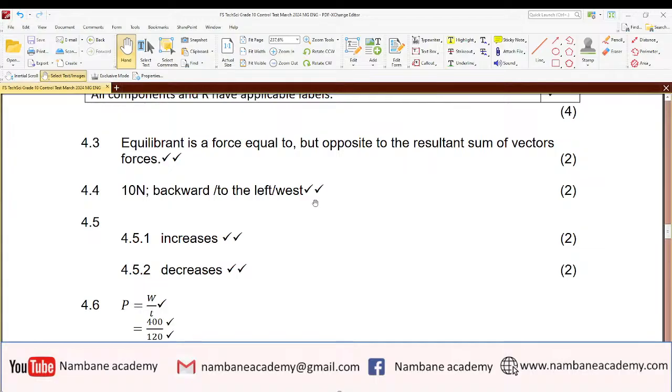Ladies and gentlemen, let's not be too harsh in marking this one. What is important is it is a force that is equal, let's underline, but now in an opposite direction to the resultant. If you have these two key critical words, kindly award marks. It is equal but opposite direction to the resultant force.